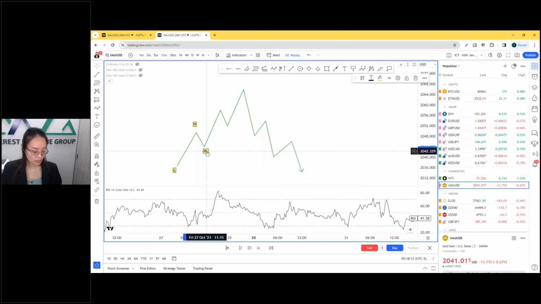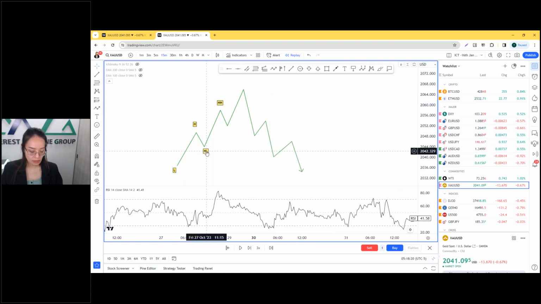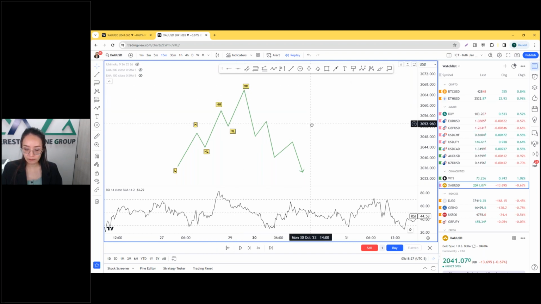Here, you need to know how to read market structure, and then they make a higher high. Okay, and then they make another higher low, and then another higher high here.